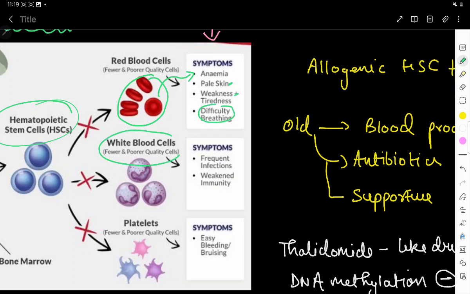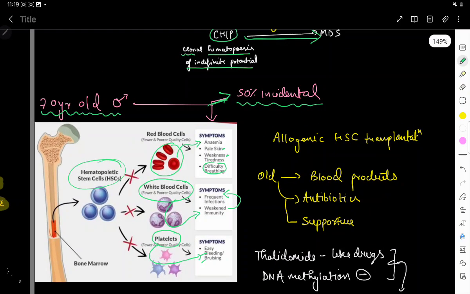Whereas if WBCs are involved, we have a likely decrease in immunity, and we will have frequent infection as the presentation. The platelet involvement will lead to more of the bleeding manifestation due to thrombocytopenia, leading to bleeding, bruising, hemorrhages. This is how a patient of MDS will present.